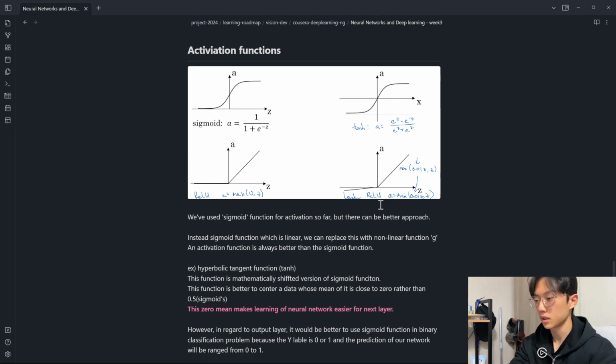But for the output layer in binary classification, we need to use the sigmoid function because our output label will be 0 or 1, and our prediction, y hat, also ranges from 0 to 1. If we use the tanh function for the output layer as an activation function, it will range from -1 to 1, so it does not fit our problem.